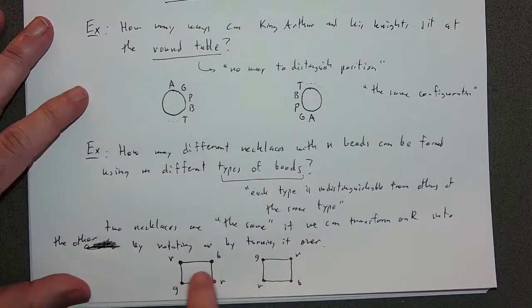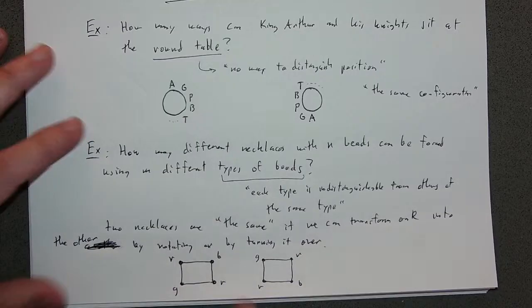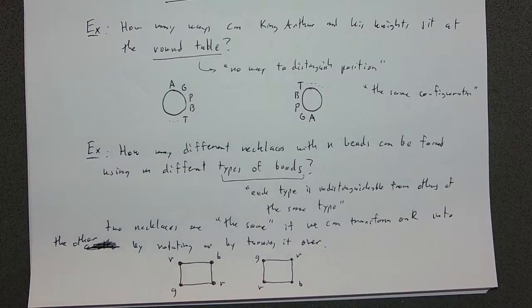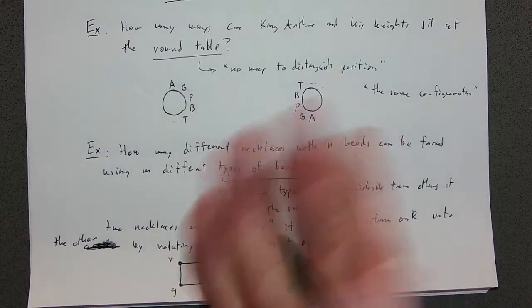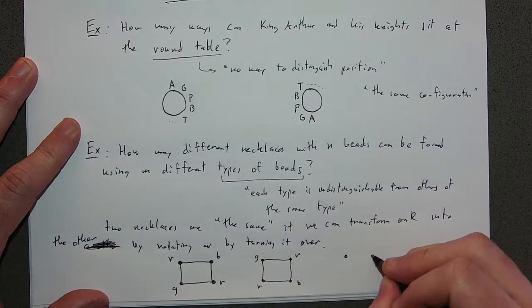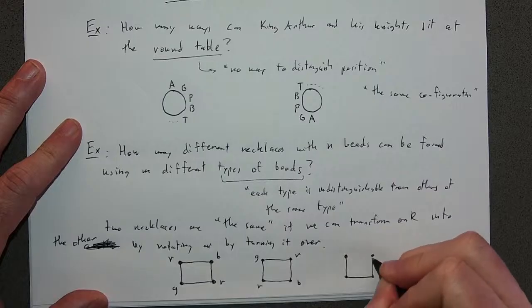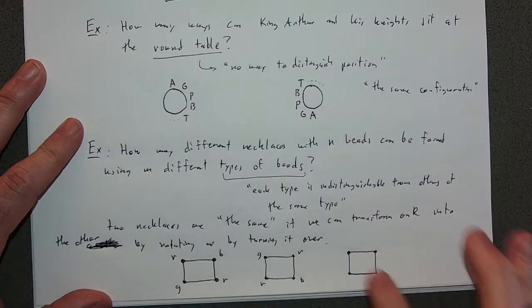But also, I can flip this. I can flip the necklace over. So think about this as an actual necklace with these beads laying in front of you, and you just flip it. If you do that, then this necklace looks the same in terms of shape, but what about the colors?